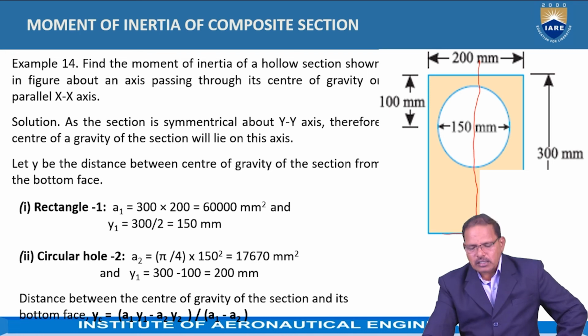Since this figure is symmetrical about the vertical axis, the x-coordinate of the centroid is 0, because it lies on the vertical line only.